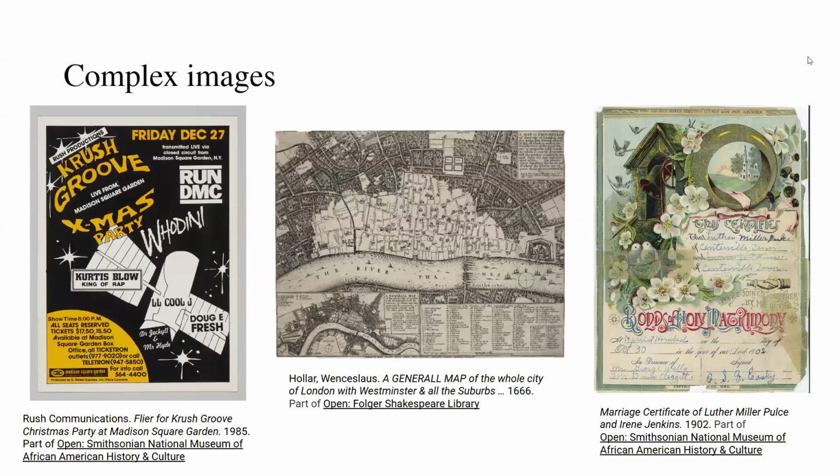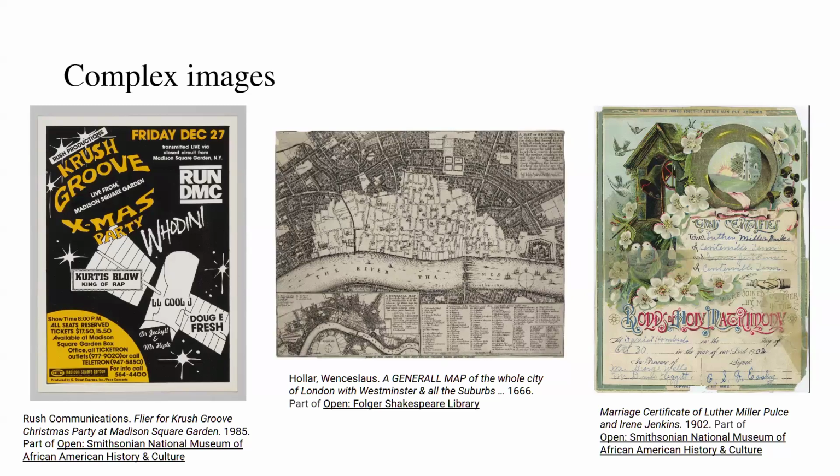Now, in some cases, you might have items that are both images and text. So things like maps, charts, infographics, posters. There's all kinds of items like this, right? And you might also have images that don't have text on them, but are still too complex to condense into one or two sentences, like a lot of art images are like this.